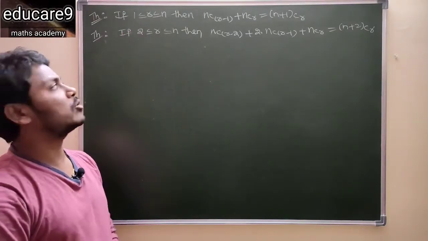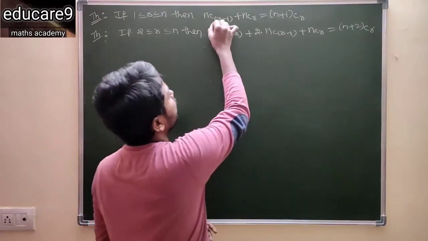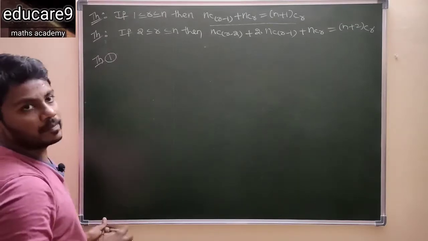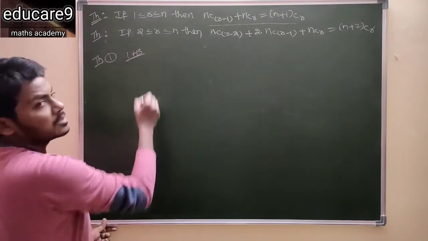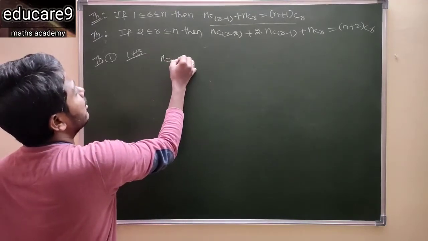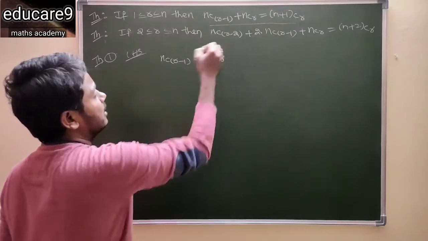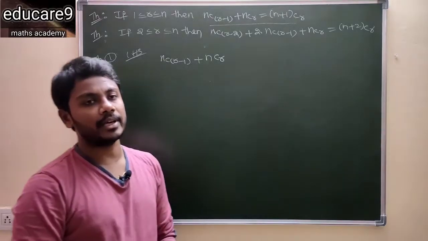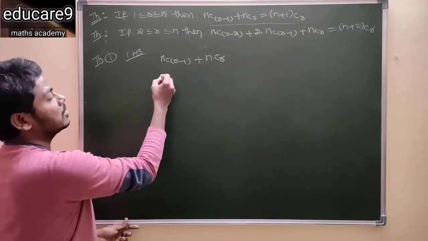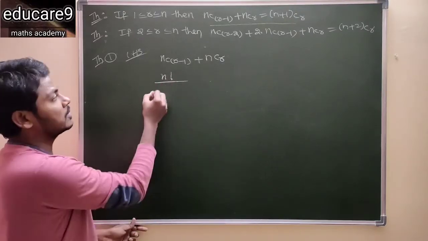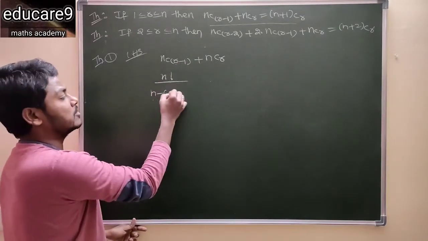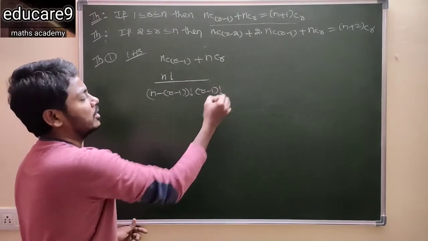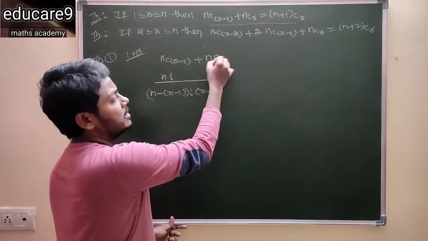First one: if 1 is less than or equal to r less than or equal to n, then you need to prove these conditions. See here, first theorem. Consider the LHS. What is the LHS value? nC(r minus 1) plus nCr. Here you know the nCr formula, that is n factorial by (n minus r) factorial into r factorial. So this is n factorial by (n minus (r minus 1)) factorial into (r minus 1) factorial, plus nCr.